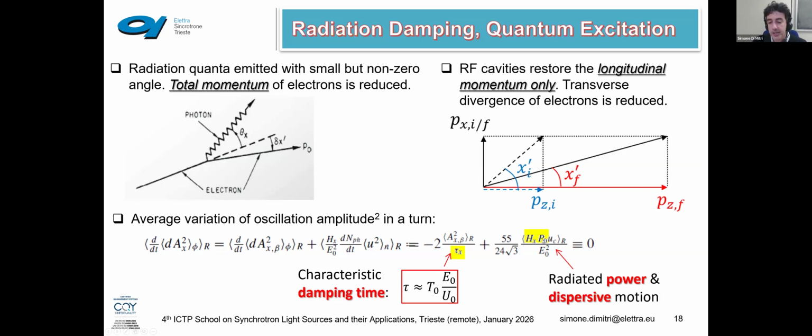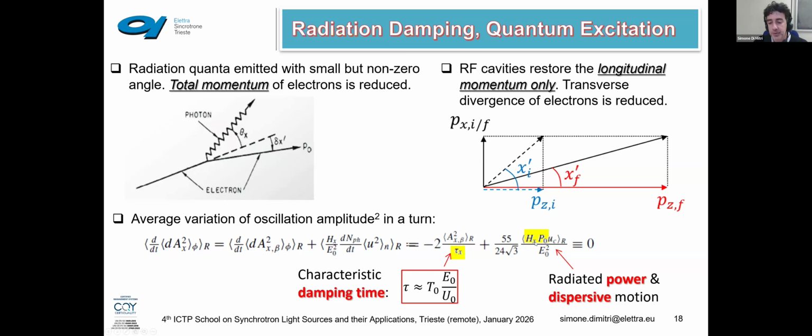The second contribution highlights this Hx function and the amount of synchrotron radiation power emitted. So this Hx is proportional to the dispersion function. I remind you, the dispersion is proportional to basically the bending angle in a dipole magnet, and therefore inversely proportional to the number of dipoles in a synchrotron.